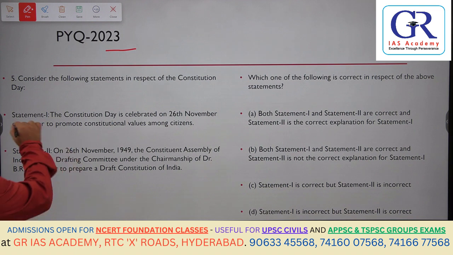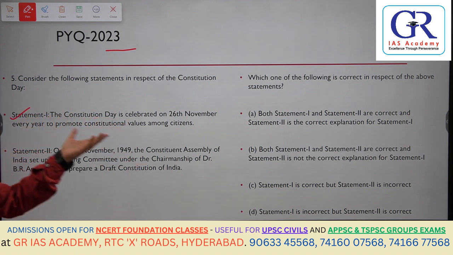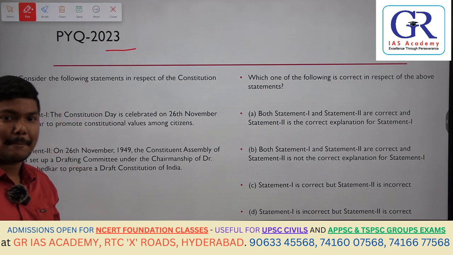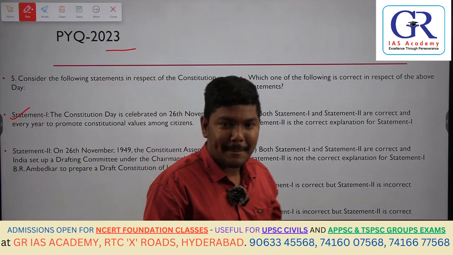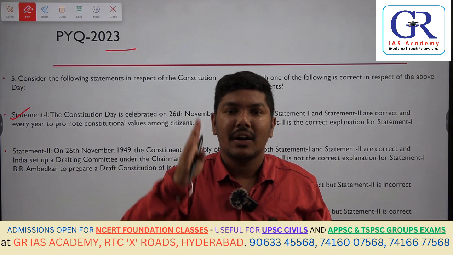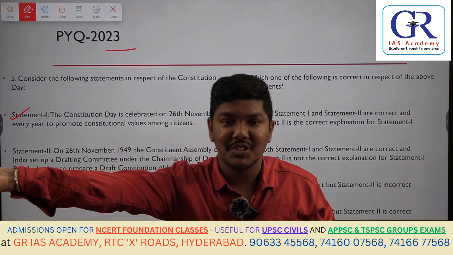First one is correct. Okay. Why is the first one correct? Because it is celebrated every year on 26th November to promote the constitutional values among its citizens. That is correct. What about the second statement? We know something before seeing the options: on November 26th, 1949, the Constitution was adopted by the Constituent Assembly.